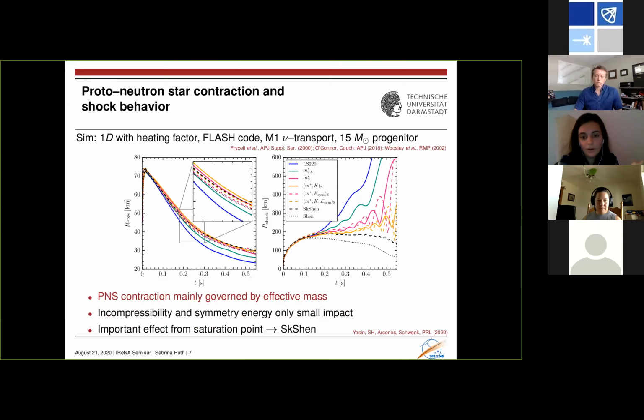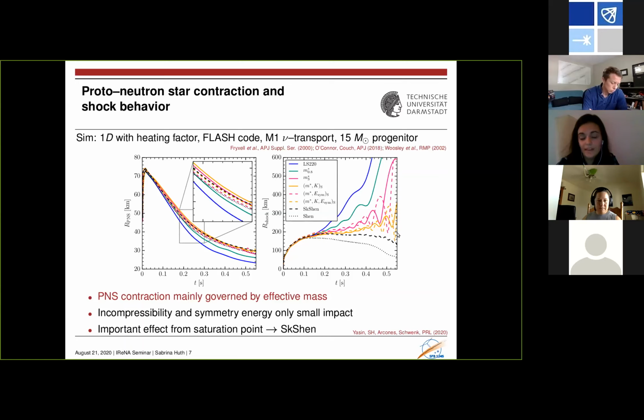If we then use all other models where we also vary the incompressibility, symmetry energy, and the saturation point, you see for the proto-neutron star radius that this has only a minor impact. This means that all models that use the same effective mass basically end up in the band here for the proto-neutron star radius. But we see some difference here for the shock radius.